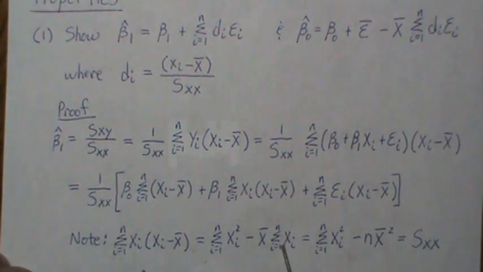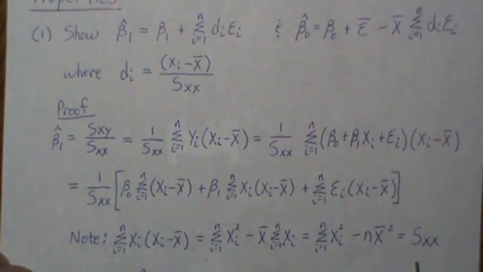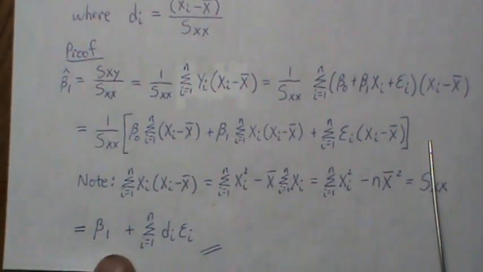But this sum of the x_i's, you can think of as n times, divided by n, so you get x bar squared. Well, this is actually part of the variance formula, or S_XX, so this piece is S_XX. Now it simplifies to this.